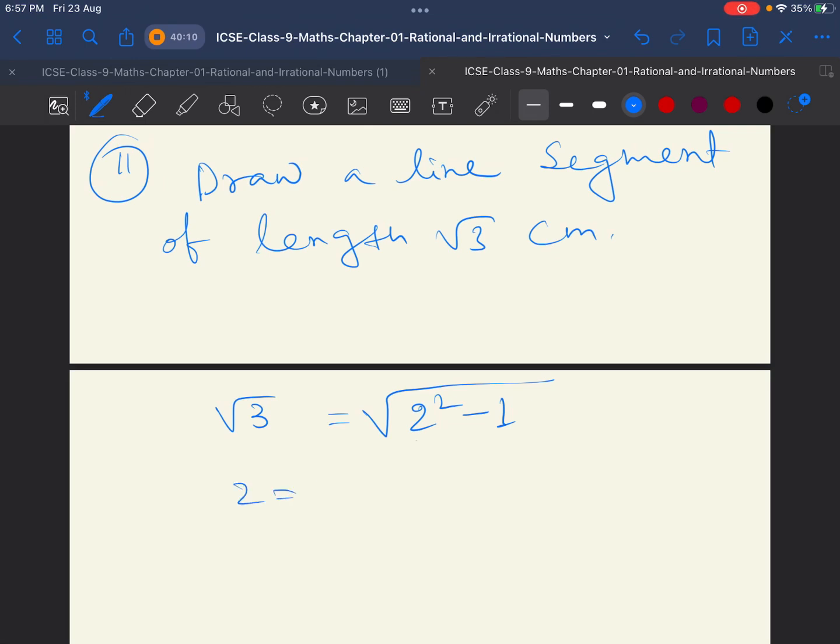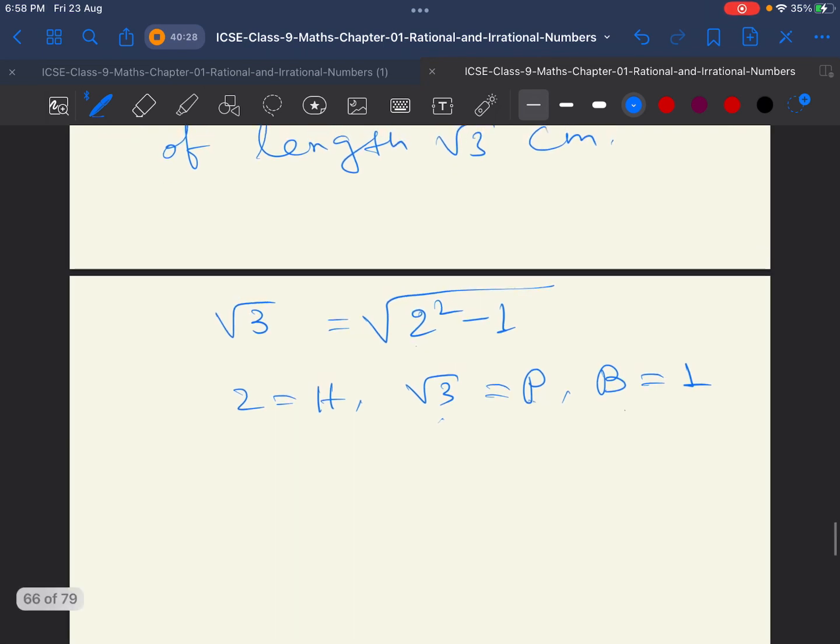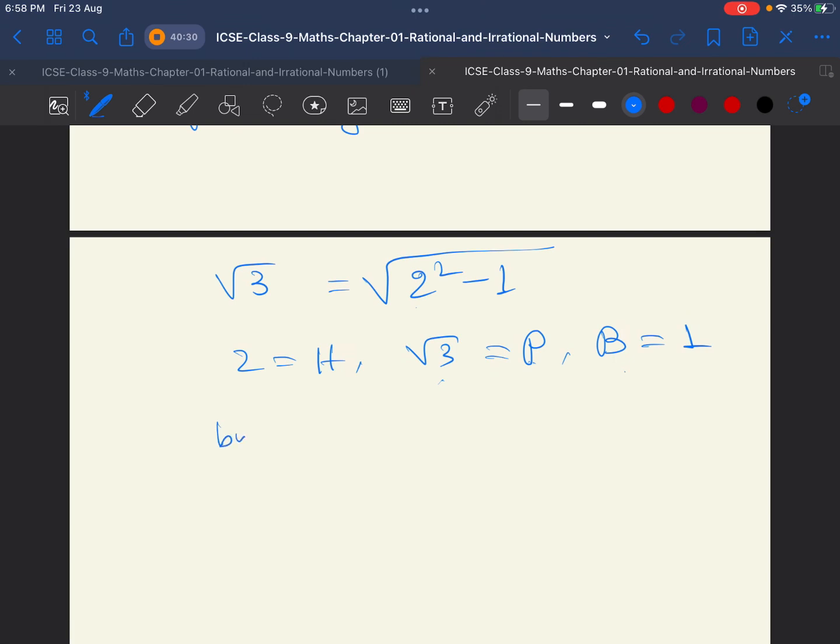So 2 is the hypotenuse and root 3 the perpendicular, and the base is 1.